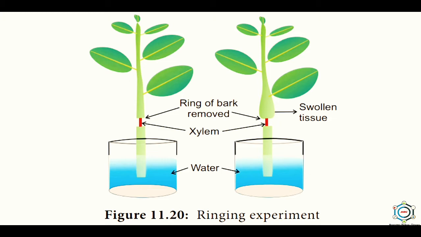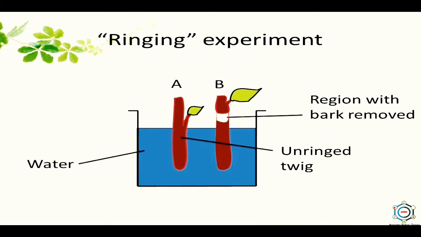The experiments in which the continuity of the vascular tissues is disturbed by their removal are known as ringing or girdling experiments. Girdling usually involves the removal of all the tissues outer to the vascular cambium, that means bark, cortex and the phloem, from the stem. In a dicot stem, that means stems with a single ring of collateral vascular bundles, it is easily possible to remove a broad band of the bark including phloem and the cambium.